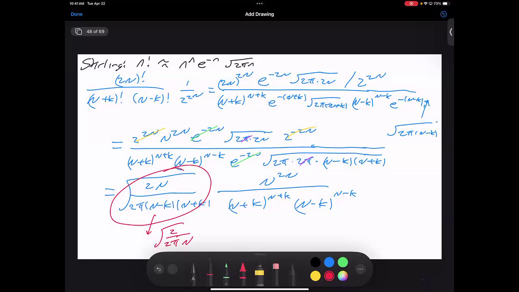What did we do? You remember what the variance is of S2n? 2n. We don't have a 2n here. I could write this if I wanted to as the square root of 2 times 2 over 2 pi times 2n, which is then twice over the square root of 2 pi times 2n.